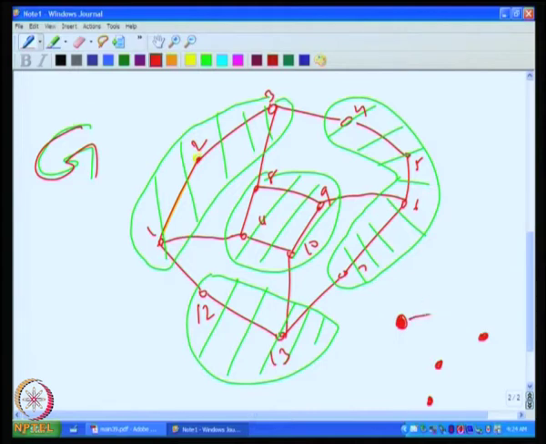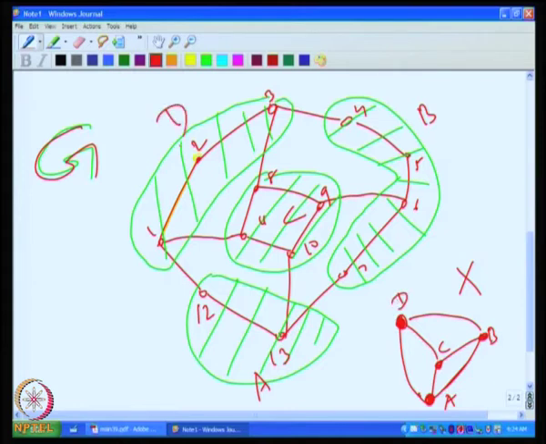This is my X. You can see this vertex A corresponds to this A, B corresponds to this B, C corresponds to this C, and D corresponds to this D. The point is, corresponding to each vertex here, we have a subset of vertices of G, and each of these subsets is connected.